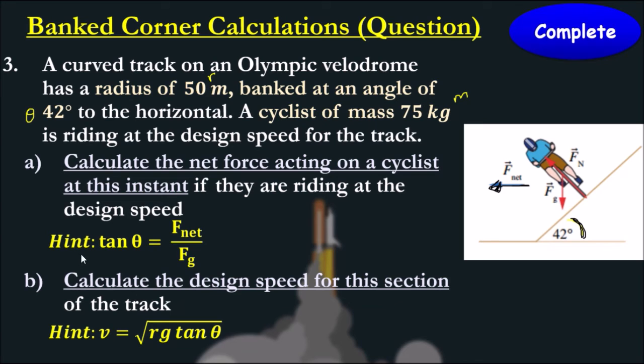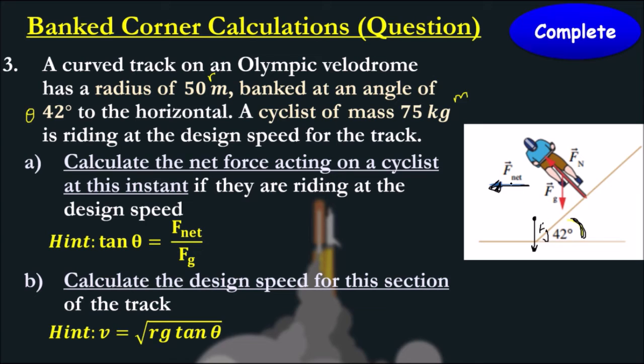I've already given you the hint of how to do this question, but for those who are interested in working out how to do that calculation, think of it this way. If we redraw our force diagram, we have gravitational force coming down from our moving cyclist.